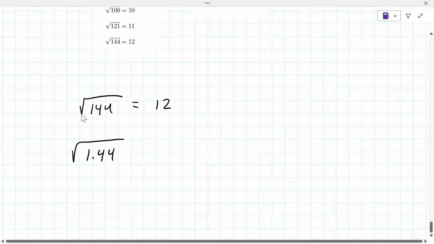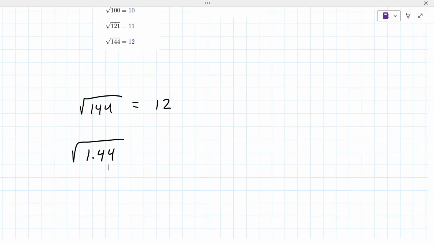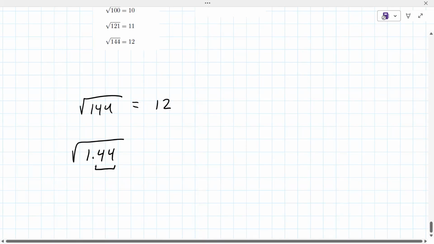You're like, well, how do I even do that? Well, there's a couple of ways to do this. I really wish I knew the way they're showing you in class. One way is to recognize that for every 2 decimal places, you move your answer 1 decimal place.